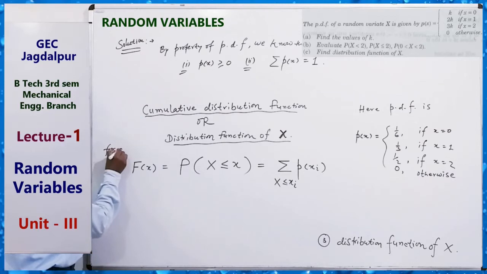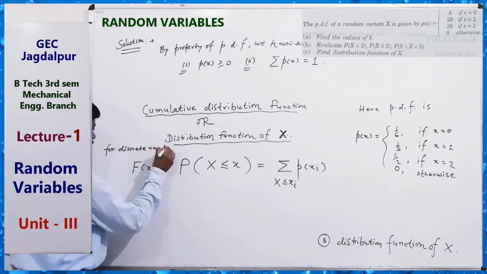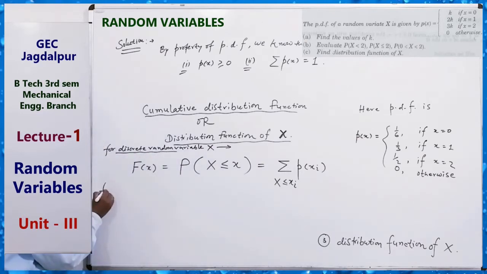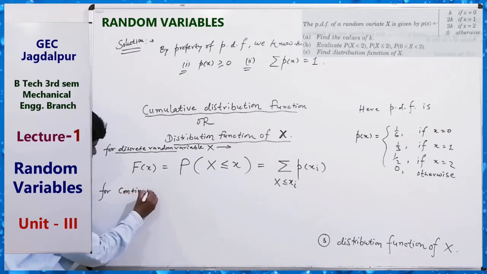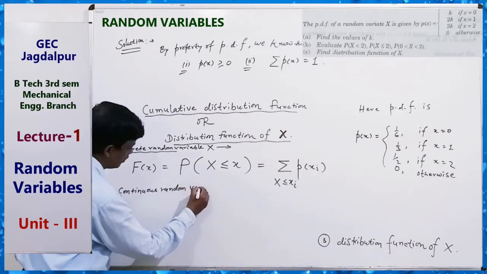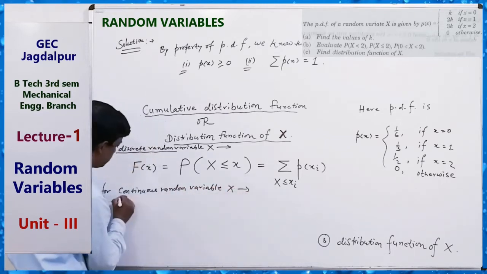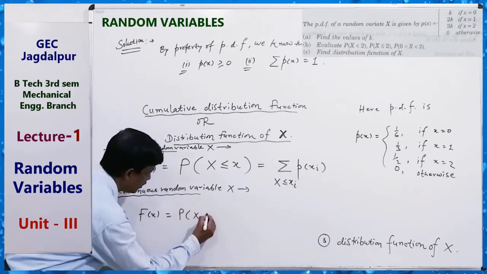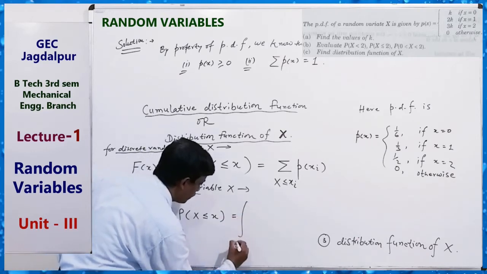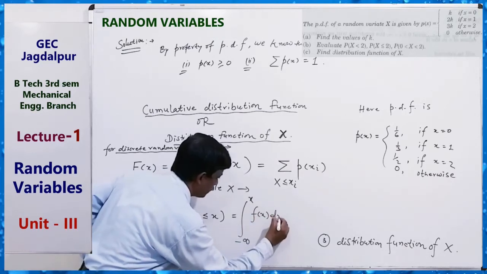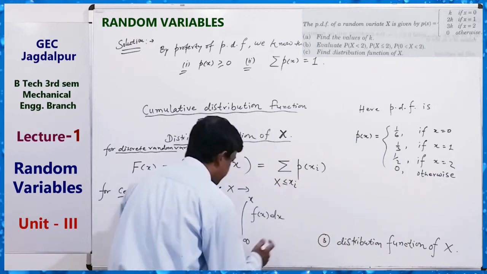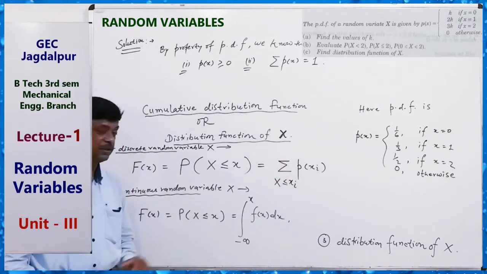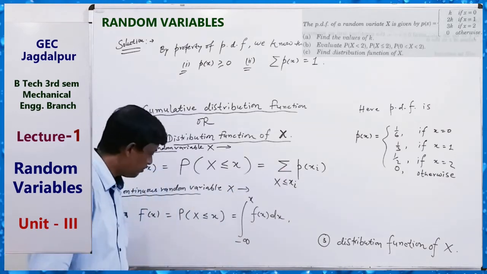For a discrete random variable x. For a continuous random variable x, F(x) equals the integral from minus infinity to x of f(t) dt. Because it is a continuous random variable, in place of summation we use integration from minus infinity to x.